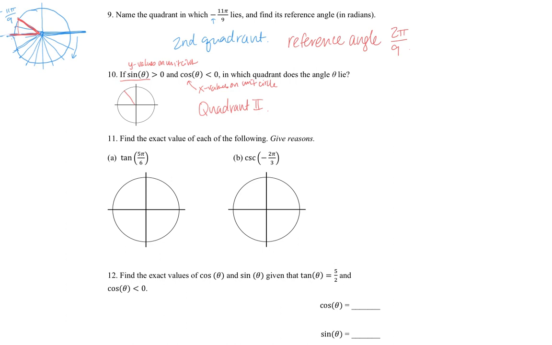Number 11 says, find the exact value of each of the following and give reasons. So if I'm looking for tangent of 5 pi over 6, again, remember we're dividing pi into 6 equal pieces. So there are 6 equal pieces. And so 5 pi over 6 will be 1, 2, 3, 4, 5 pi over 6 is right here.